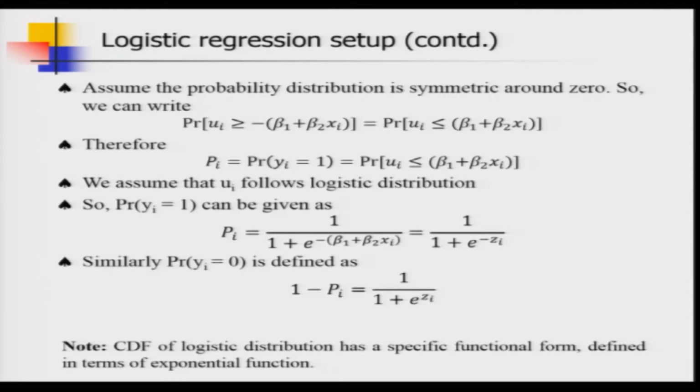So, we can write the following statement under bullet point 1, and from that statement we can write another statement that explains how we are going to calculate theoretically the probability of y i equals 1. Now let us assume that my stochastic disturbance term u i follows a logistic distribution.